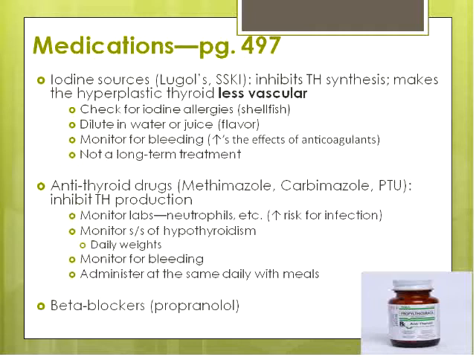They inhibit thyroid hormone synthesis, and they make a hyperplastic thyroid less vascular. It is important to remember the less vascular component, because when they prepare a patient for surgery, like a thyroidectomy, they will give an iodine preparation to make it less vascular. What is the goal if it is less vascular? Less bleeding.